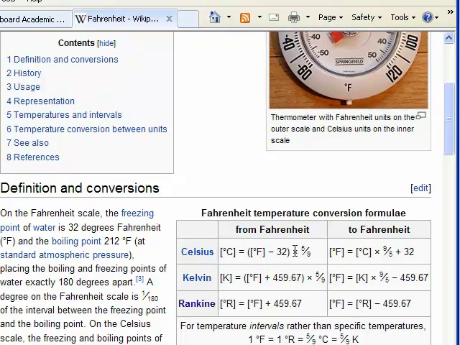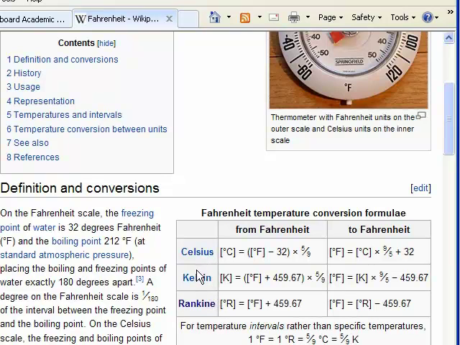Here you also see the conversion formulas, and as I said, 1.8 times the Celsius temperature plus 32, or if you go the other way around, subtract 32 first and then divide by 1.8. This one here, I would go through Celsius. If you go from kelvins to Fahrenheit, go first through the Celsius and then go to the Fahrenheit. I wouldn't advise doing this one here because you just have to memorize more or pay attention to more stuff. And then here's the simple Rankine compared to the Fahrenheit.